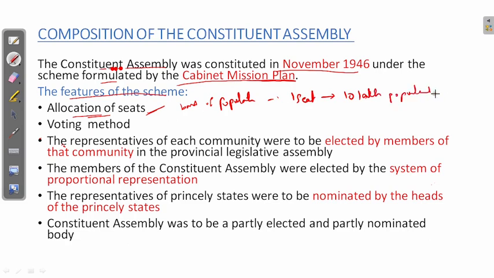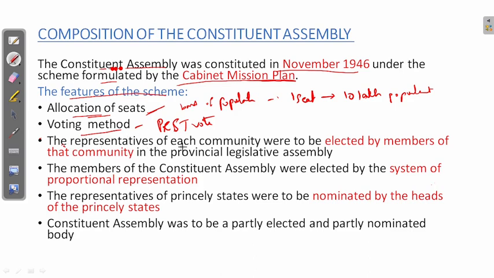Next, the voting method. The voting method is proportional representation by means of the single transferable vote. This is used for the presidential and vice presidential elections. We'll see in detail in further classes about proportional representation by means of the single transferable vote.